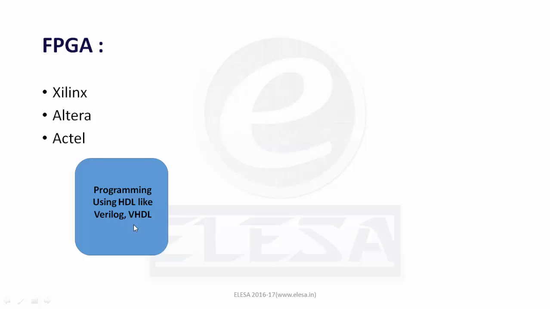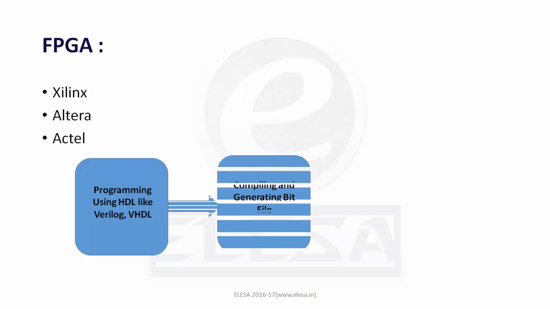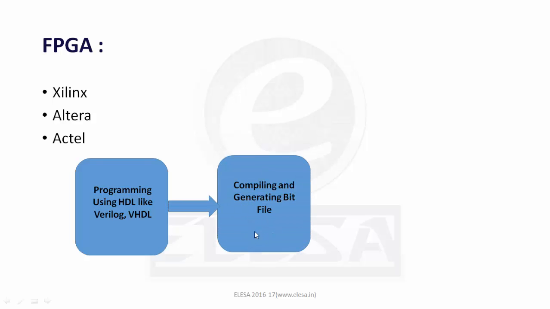You compile it, you synthesize it actually, and from that you build a bit file. This bit file itself is generated by the software provided by Xilinx. So this bit file contains all the information about the programming inside the CLBs, which CLBs are to be connected, and what logic you actually want to do in the FPGA.